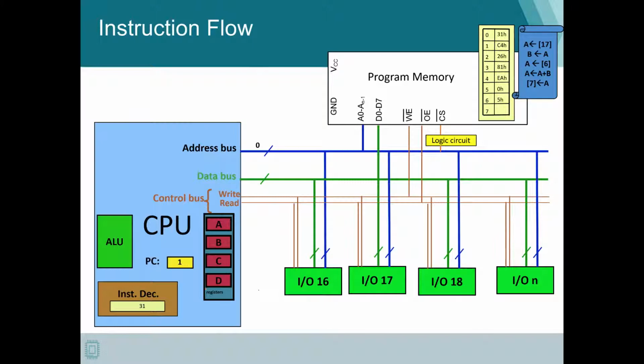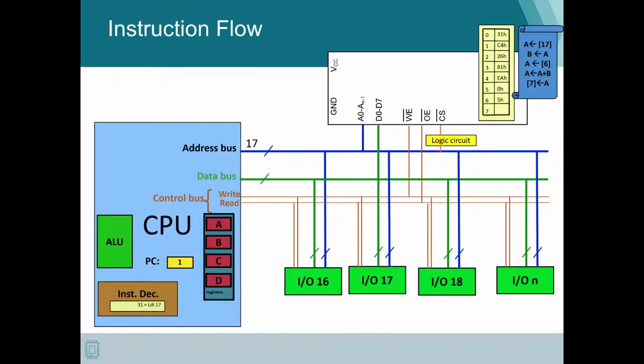Once the instruction has been fetched, you can see the program counter gets incremented. In other words, when a particular instruction is fetched, the program counter automatically increments, so it is now pointing to the next instruction the processor is going to fetch. The 31 is an instruction, an LDI with location 17.